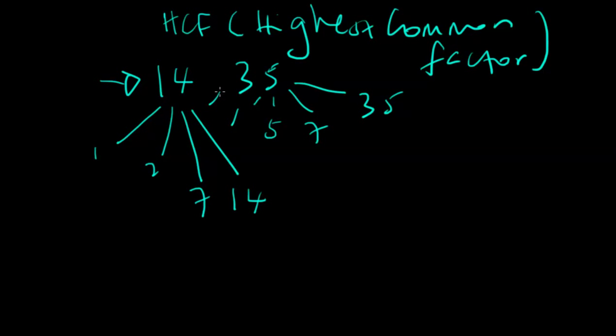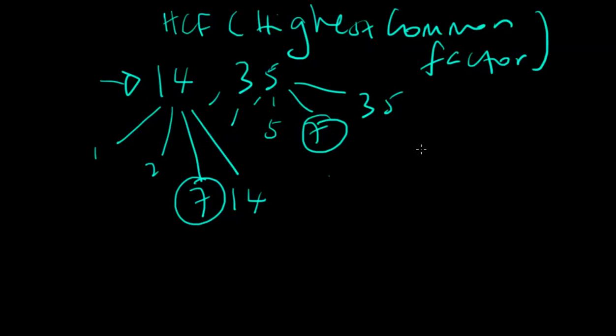You list these factors down and then you select the highest common factor between 14 and 35. Okay, so from the offset you can see that 7 is the HCF of 14 and 35.